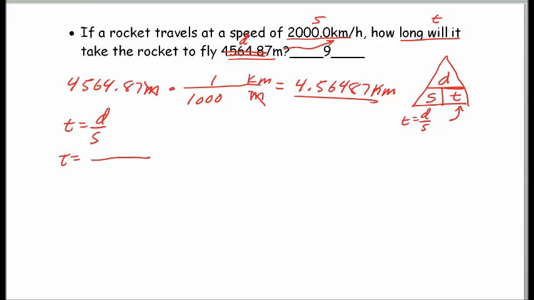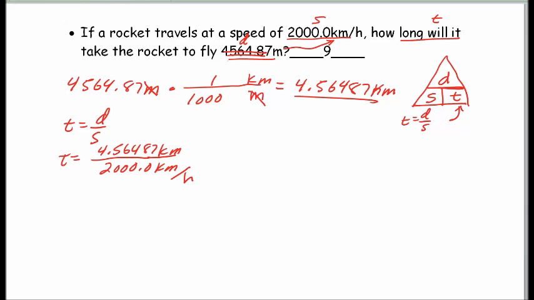The distance is going to be 4.56487, and that's kilometers. And the time is going to be found by dividing that by the speed, and the speed is 2,000.0 kilometers per hour.